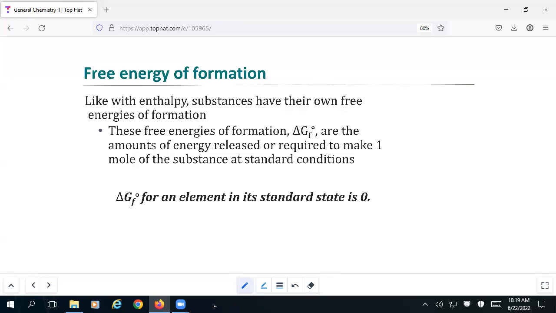So like we saw for enthalpy, like we saw for entropy, there are values that we can associate with individual substances at a given phase. For free energy, we call them the free energies of formation.